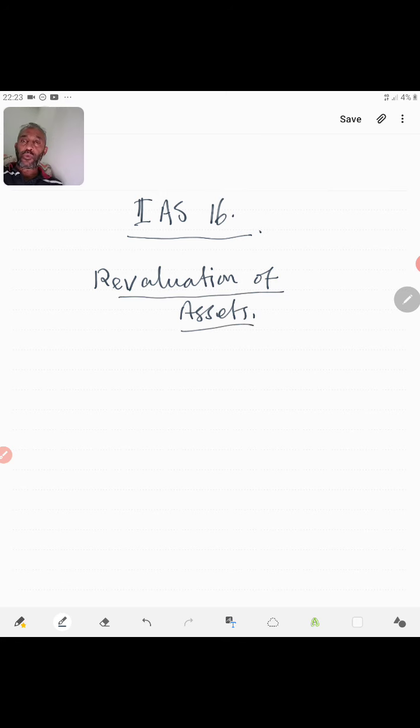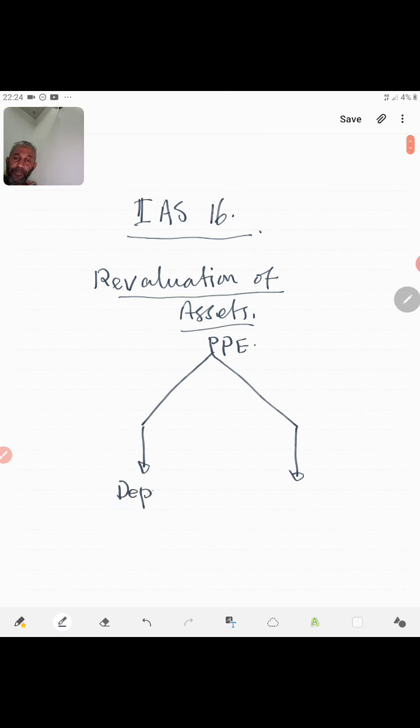Now, prior to revaluation of assets, we have to understand that these tangible non-current assets, or in other words, property, plant, and equipment, could be classified as depreciable assets as well as non-depreciable assets.